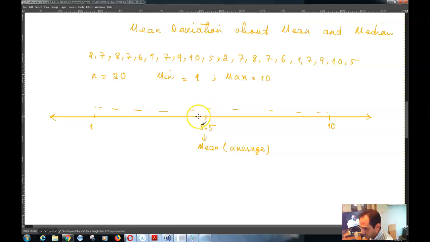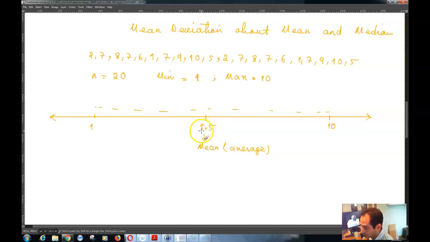So I have this measure of central tendency for the two data sets, meaning that in both cases the mean of the data is 5.5.